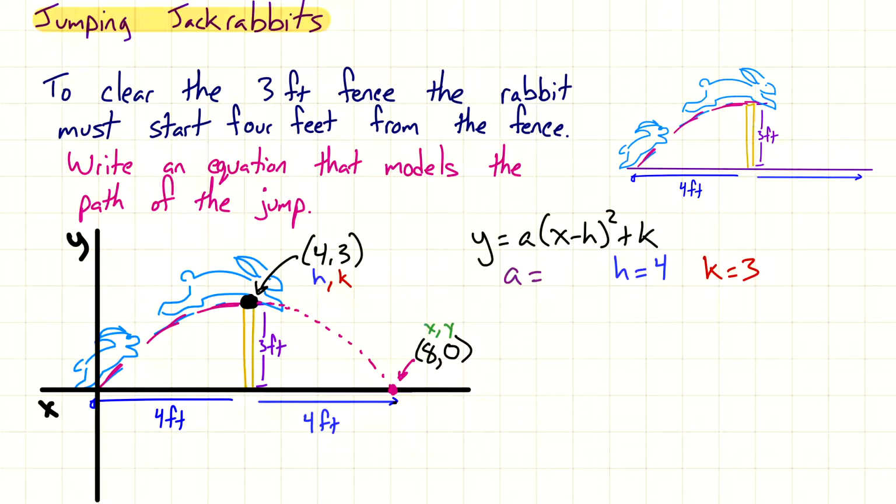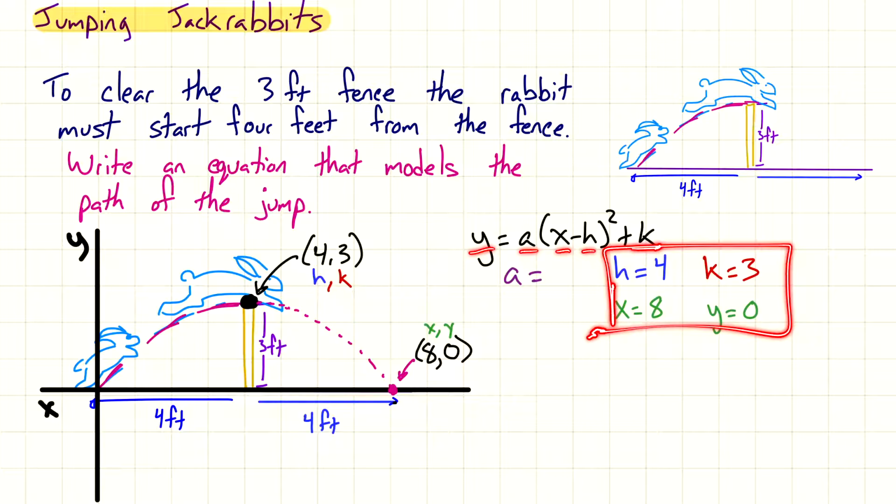So I'll use x equals 8 and y equals 0. If I look at all the letters, y, a, x, h, and k, that's a total of 5 letters when I know what 4 of them equal to. Which means I could plug in all these and it's going to help us figure out what a is.